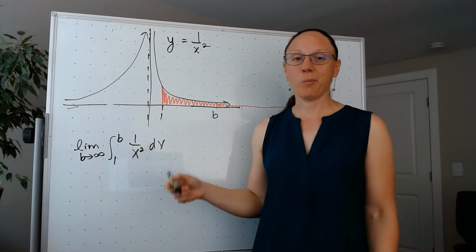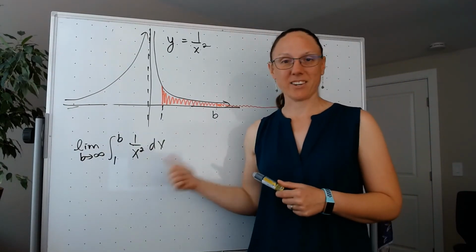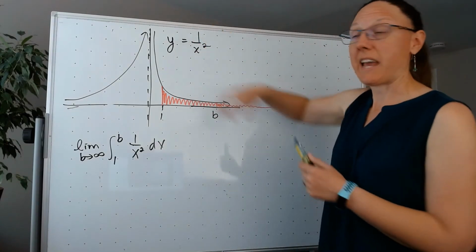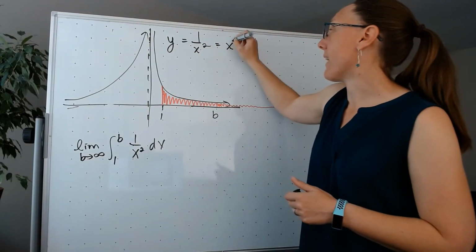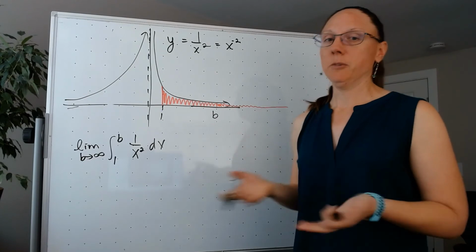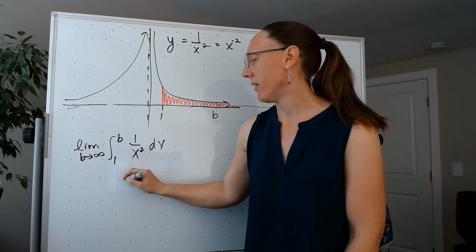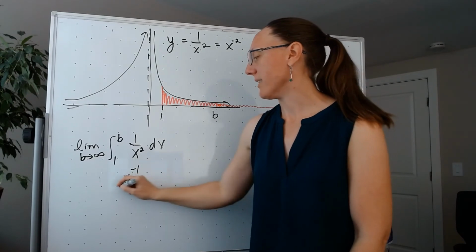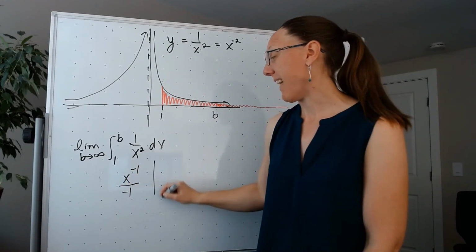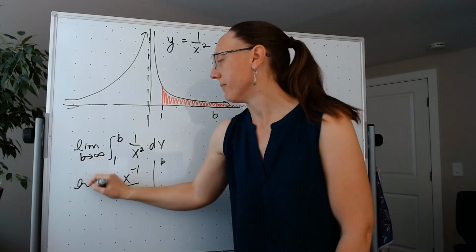Well, this time, when I go to do that integral, this is not a natural log. We can take the 1 over x squared and rewrite that as x to the negative 2, which means when we find our antiderivative, we end up with x to the negative 1 divided by negative 1. And that's what's going from 1 to b.